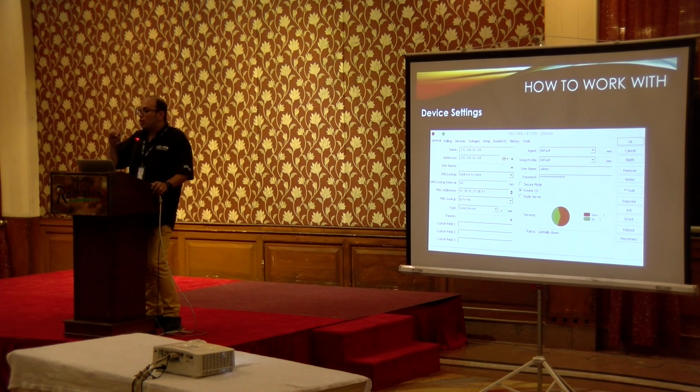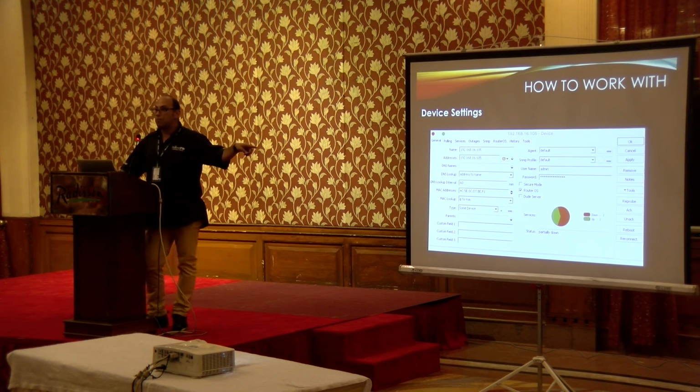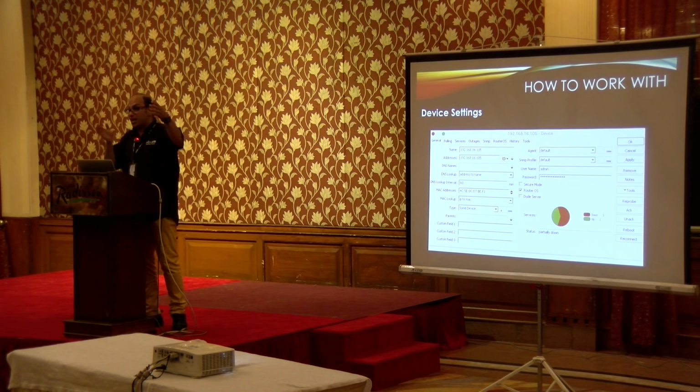But how much was online from the Dude's point of view? Maybe that device was online, but the connection to the Dude was lost. But the Dude assumed that this device is off or there is a kind of problem. So this diagram may also show the disconnection time of the device, or maybe the disconnection of the connection to the Dude server.